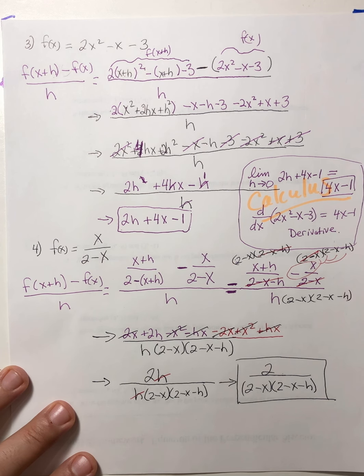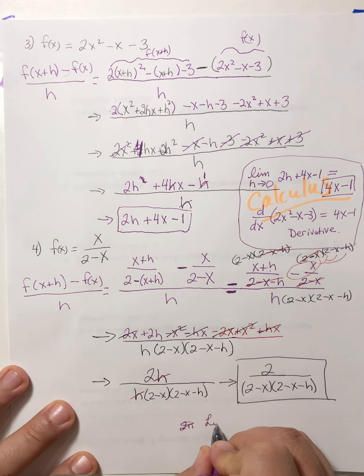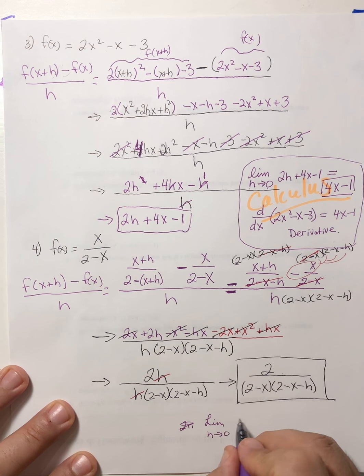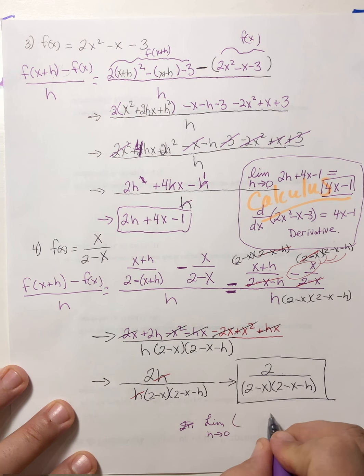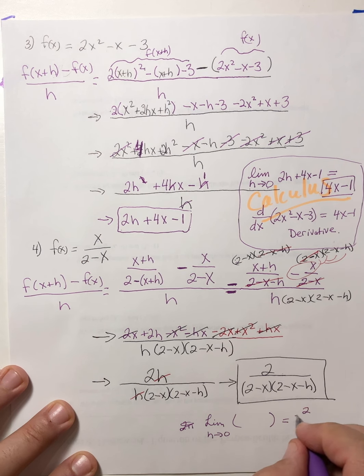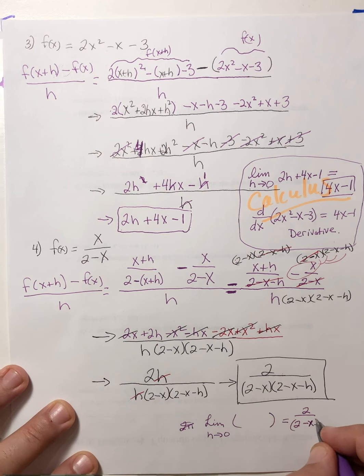That's it. And again, in calc, you would do the limit as h goes to 0 of this quantity. What happens with the h? It disappears, so we're left with 2 over 2 minus x quantity squared.